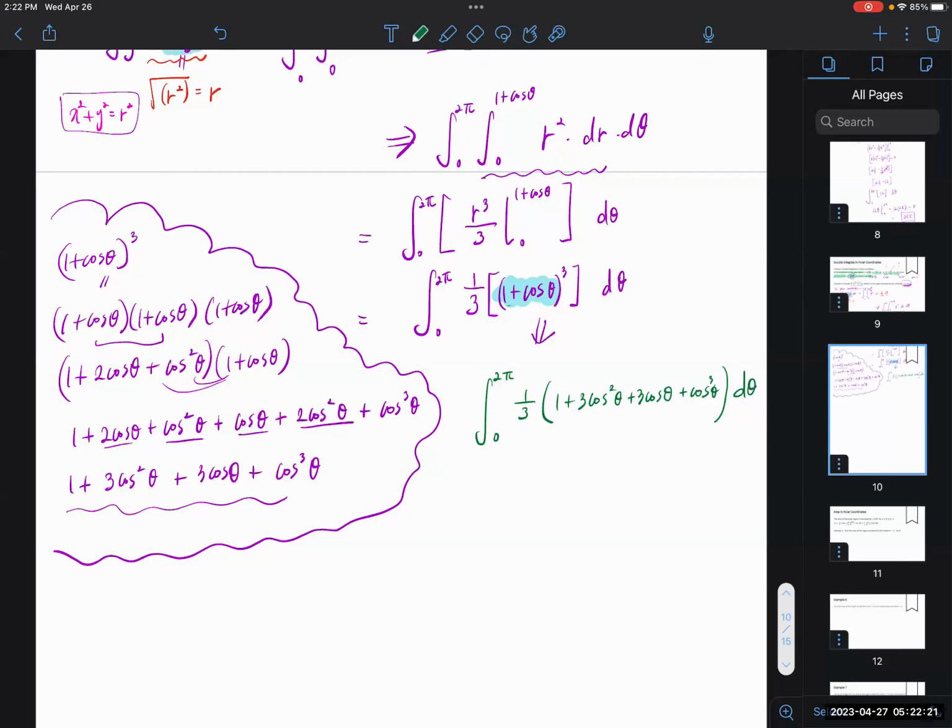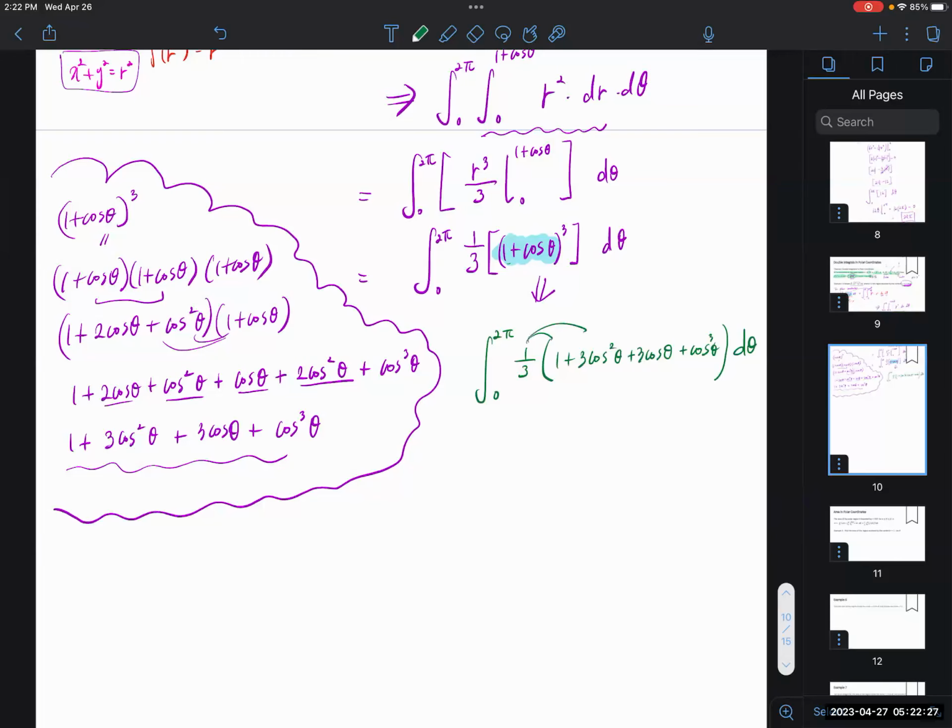Okay, awesome. Just a little bit of calculation, right? And then what happened? I can multiply 1 over 3 everywhere. So 0 to pi, 1 over 3 plus, the 3 cancels, cosine theta; 3 cancels, cosine squared theta. We have a 1 over 3 cosine cubed theta and d theta.